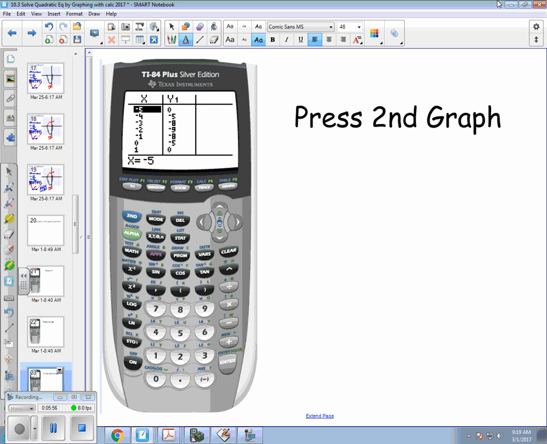When I press second graph, I see the xy table. I can find my xy pairs that I will need to be writing down on my paper when I'm actually doing my homework. You should see that right here I can see my vertex because I have y's that are exactly the same here, and y's that are exactly the same here.